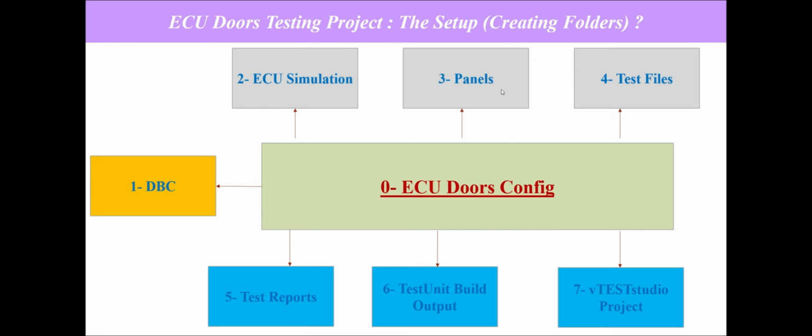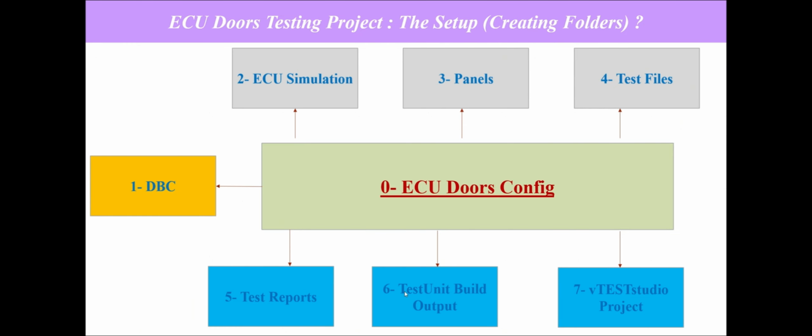We have also the test files folder, which contains the test scripts or your automated test cases. And then we have another folder called test reports, which stores the generated test results and all the logs of your testing.